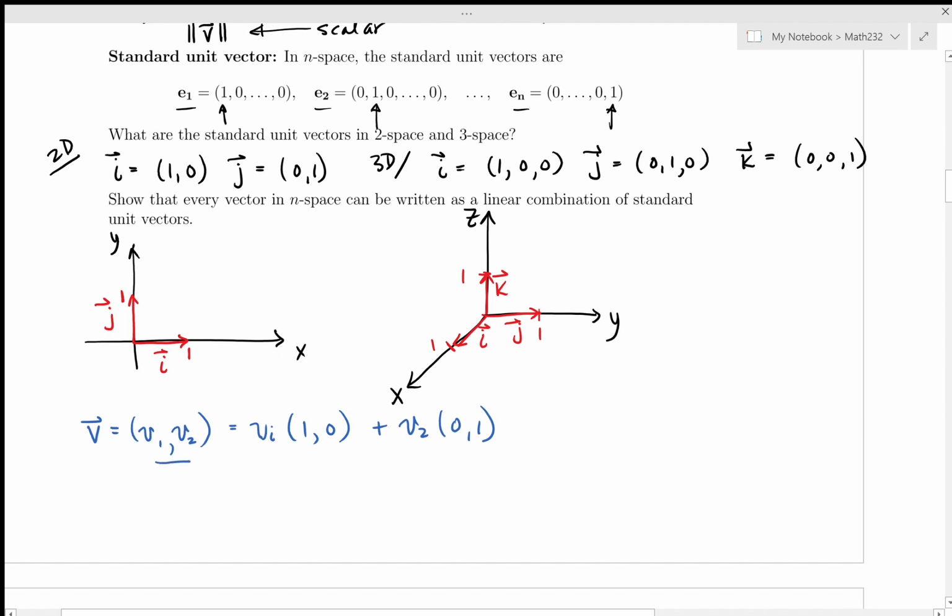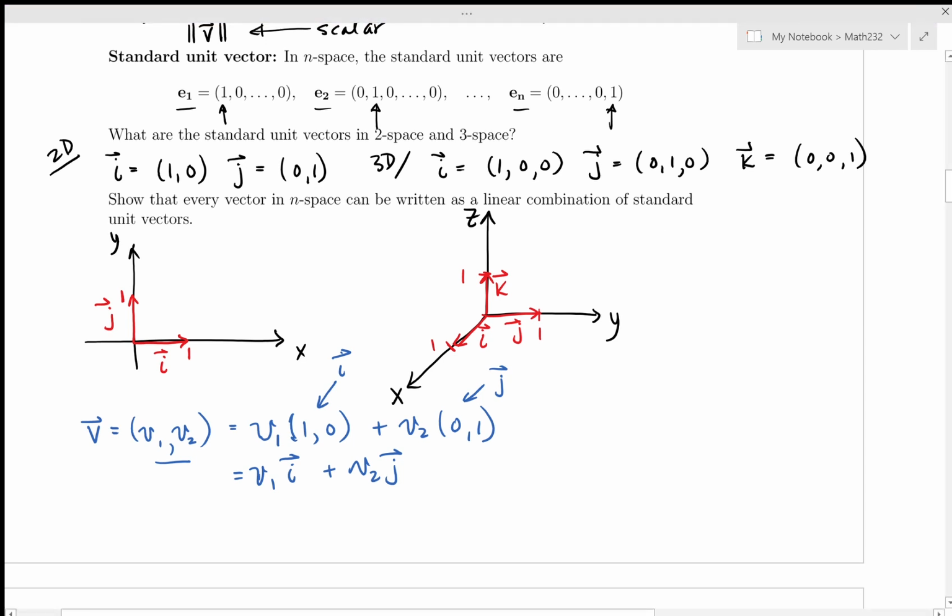And then we recognize that this thing here is i, and this thing here is j. That allows us then to write it like this: v1 i plus v2 j. Okay, so I could do the same thing in the 3-dimensional case. Let me do that one over here.